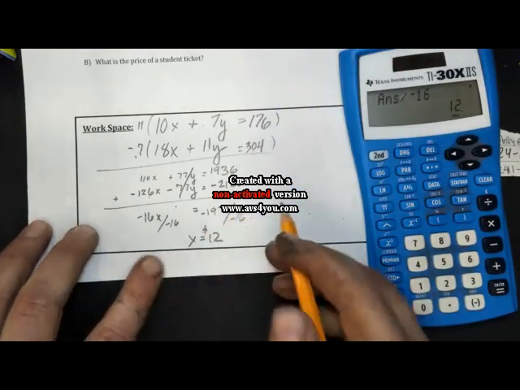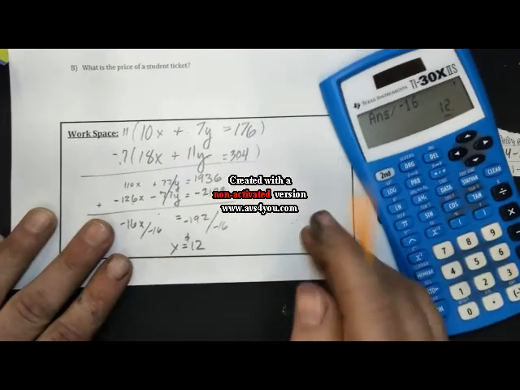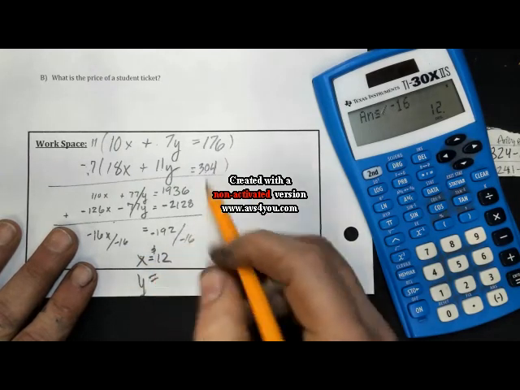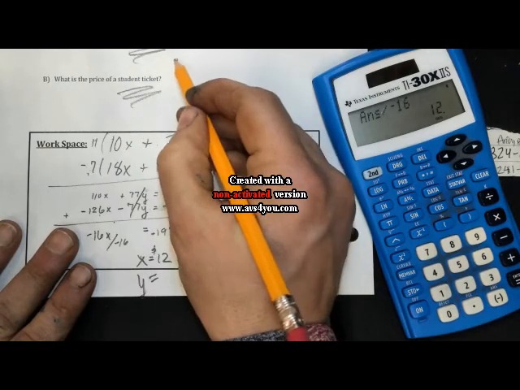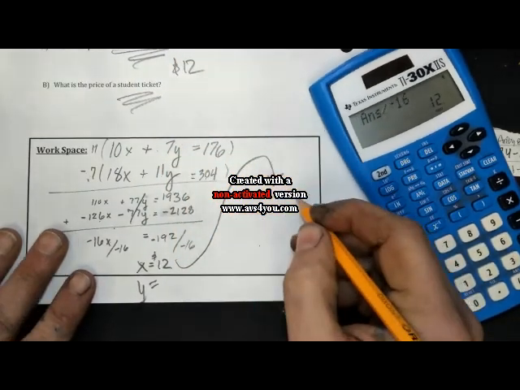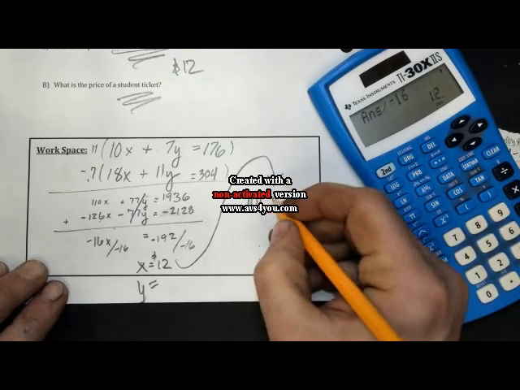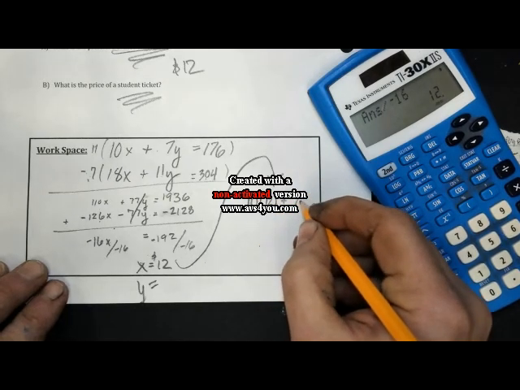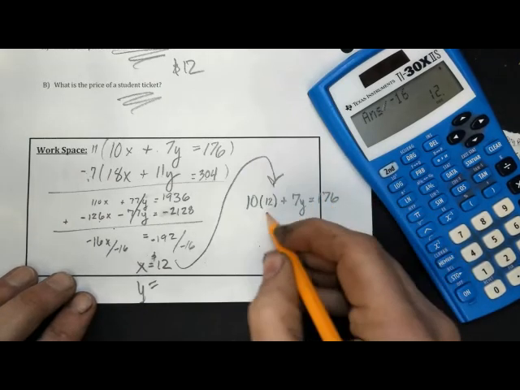$12 is what the tickets cost for the senior citizens. Am I done? No. I need a y value. It asks for the price of the seniors and the students. So I know we're at $12 here. But how are we going to get it? Substitute into the original equation. 10 tickets at $12 plus 7 tickets at some price equals 176.